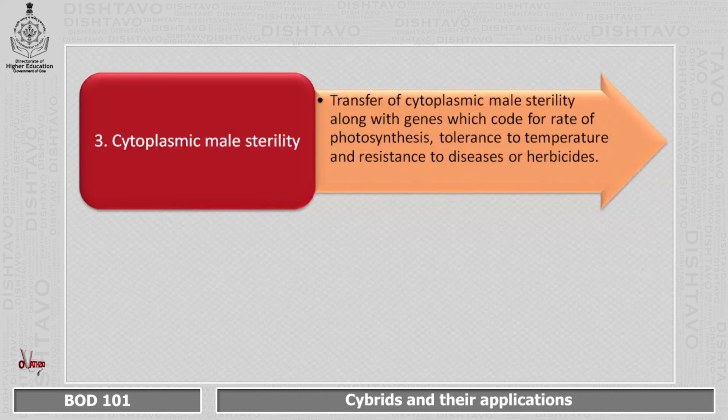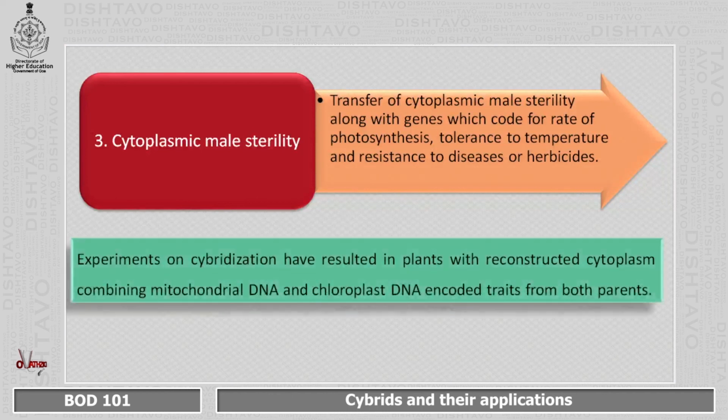Through cybridization, there can be transfer of cytoplasmic male sterility along with genes which code for rate of photosynthesis, tolerance to temperature and resistance to diseases or herbicides. Experiments on cybridizations have resulted in plants with reconstructed cytoplasm combining mitochondrial DNA and chloroplast DNA encoded traits from both parents.